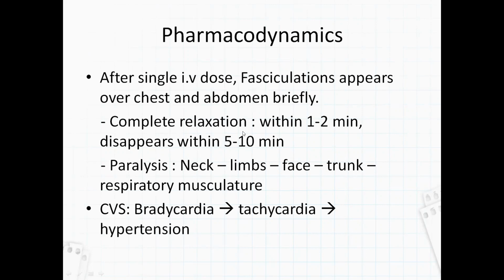After that, complete relaxation is achieved within 1 to 2 minutes and disappears within 5 to 10 minutes. Then paralysis starts. It progresses from the neck, then limbs, face, trunk, and in the end, respiratory musculature. So this is how it affects the skeletal muscle.